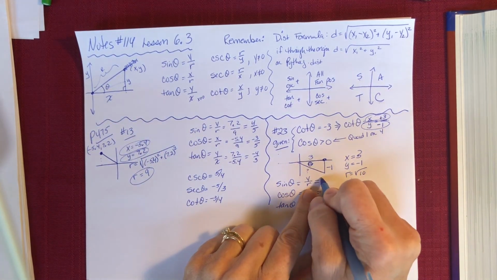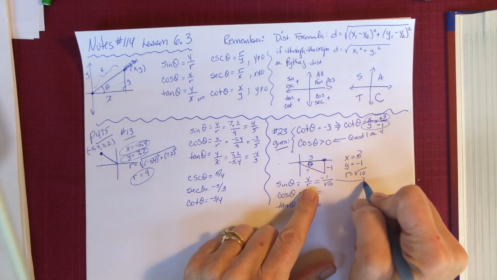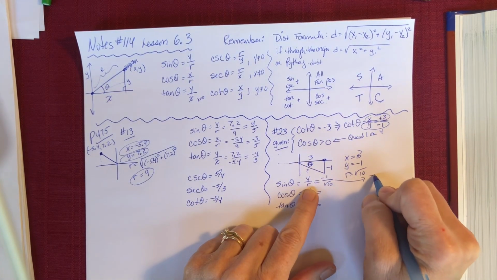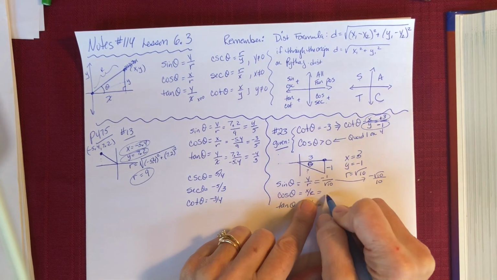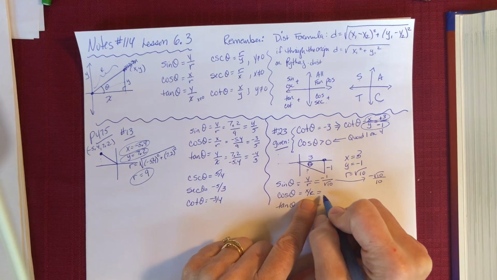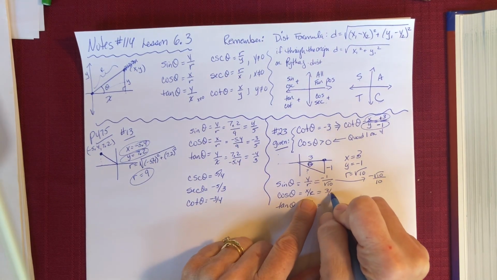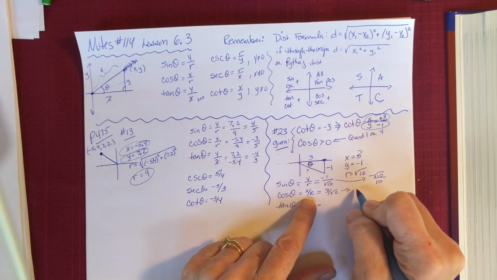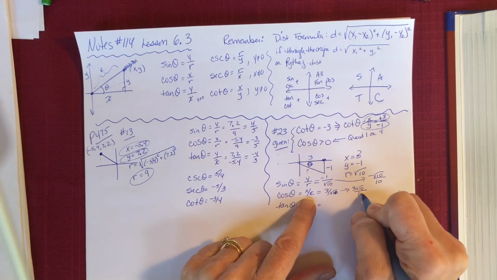So I've got my y value, -1 over root 10. You guys know you can't leave it that way. So that's going to be -√10 over 10. And then your cosine here, which is the x value, that would be 3 over root 10. But you know you can't leave it like that. So it'd be 3 root 10 over 10.